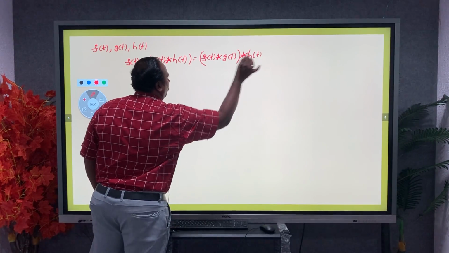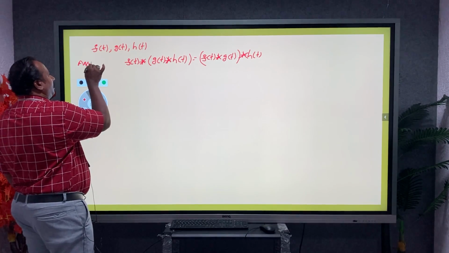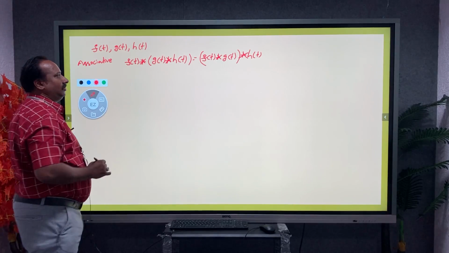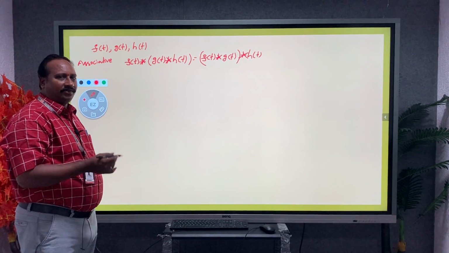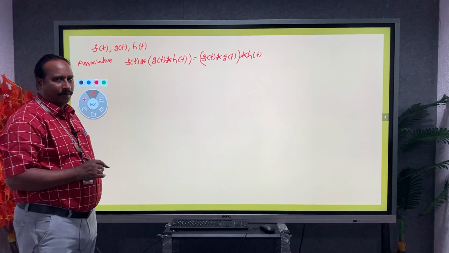So this is the associative property of the convolution product.